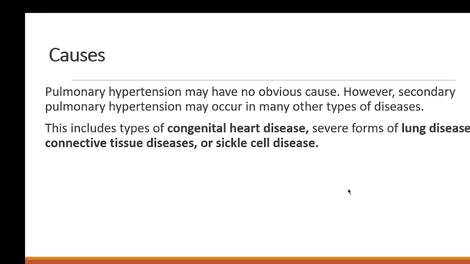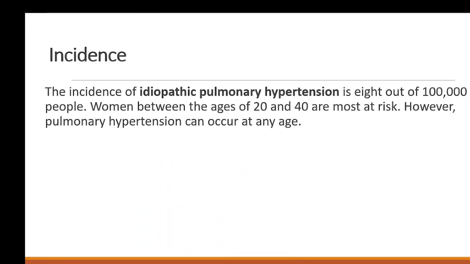Sickle cell disease can also be one of the causes. The incidence of idiopathic pulmonary hypertension is 8 out of 100,000 people. Women between the ages of 20 and 40 are most at risk. However, pulmonary hypertension can occur at any age.